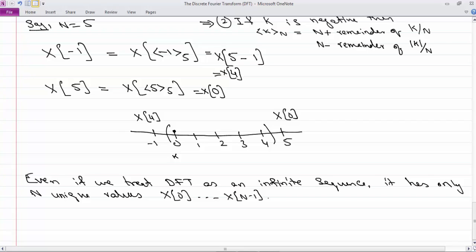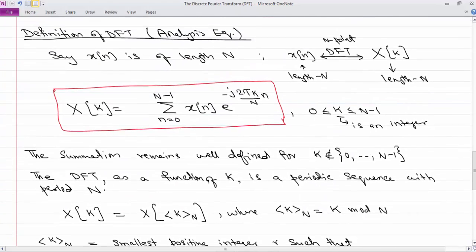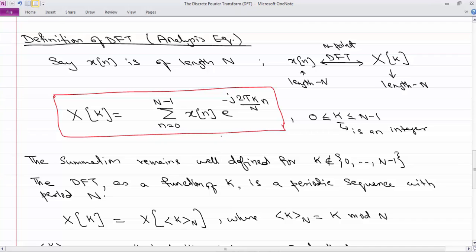Okay? We haven't formally verified that, but it's easy to verify, because if you plug in a k which is not in the range 0 to n minus 1, because of the periodicity of complex exponentials, you will get back this periodic extension that we talked about.